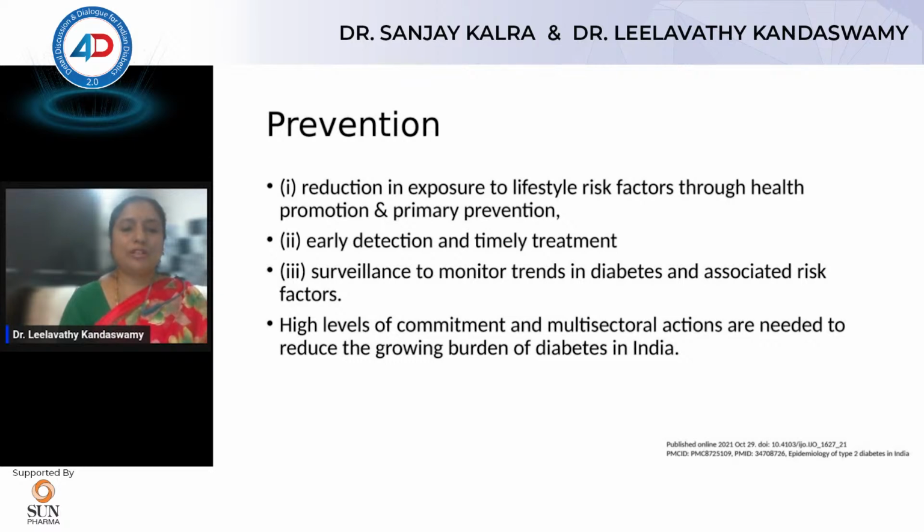With a lot of research, the management strategy has also improved a lot. Initially, we were looking at just the blood sugar, and after that, so many parameters have come, like looking at the HbA1c, looking at the complications, looking at the associated factors to improve the quality of life.